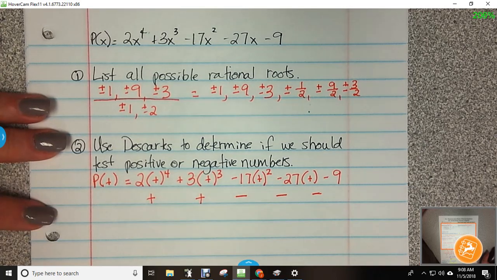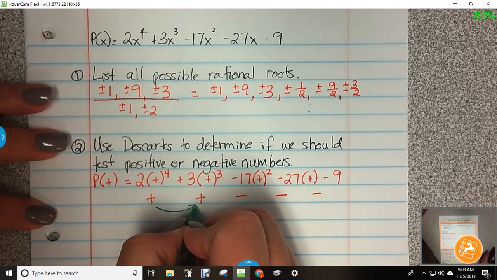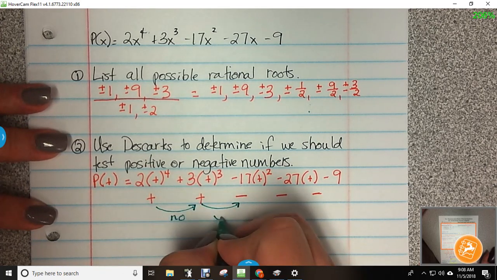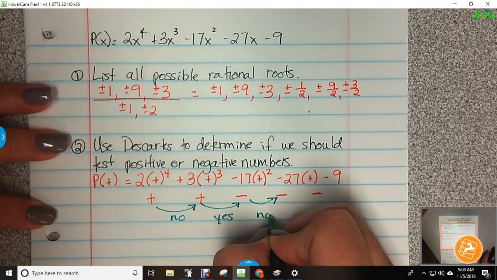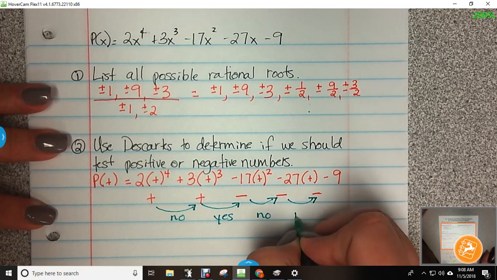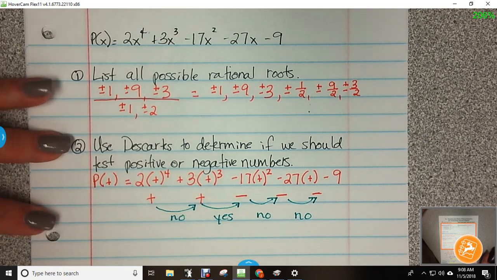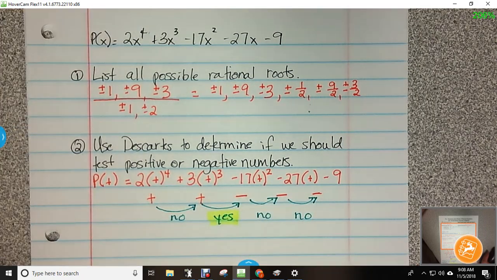So let's count our sign changes. My sign does not change there. It changes here. It does not change here or here. So I only have one sign change.